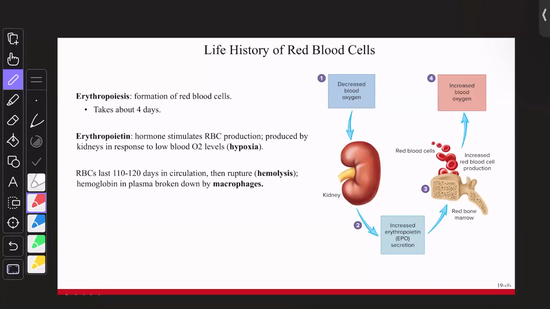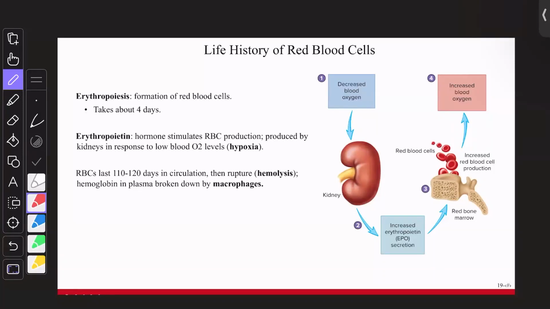So the hormone erythropoietin drives the process of erythropoiesis, which makes new red blood cells. Generally speaking, this happens as a result of low blood oxygen levels. If your blood oxygen levels are too low, the first thing the body does is increase the production of red blood cells because then you can carry more oxygen.